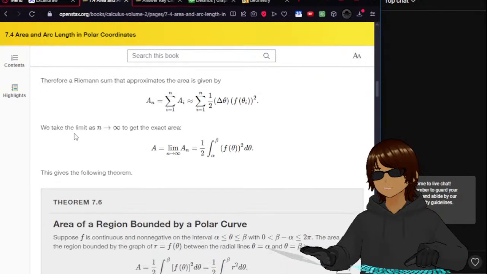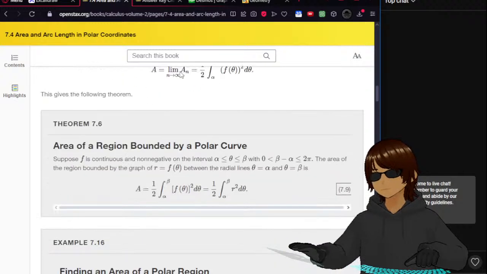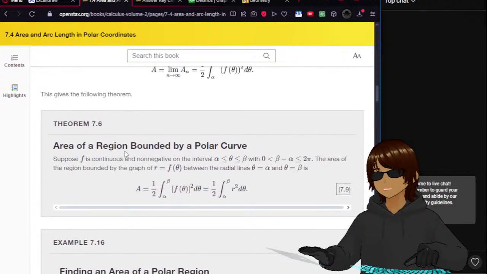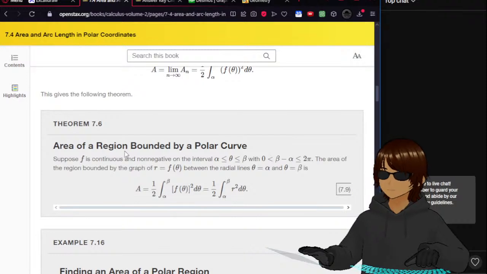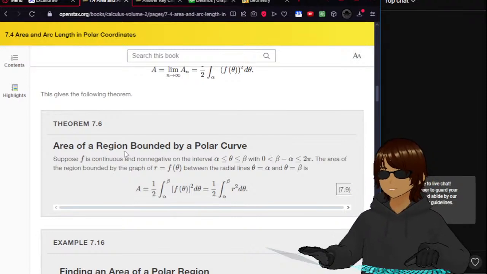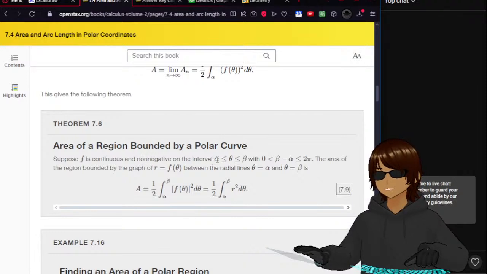This gives the following theorem. Area of a region bounded by a polar curve. Suppose f is continuous and non-negative on the interval alpha less than theta less than beta.